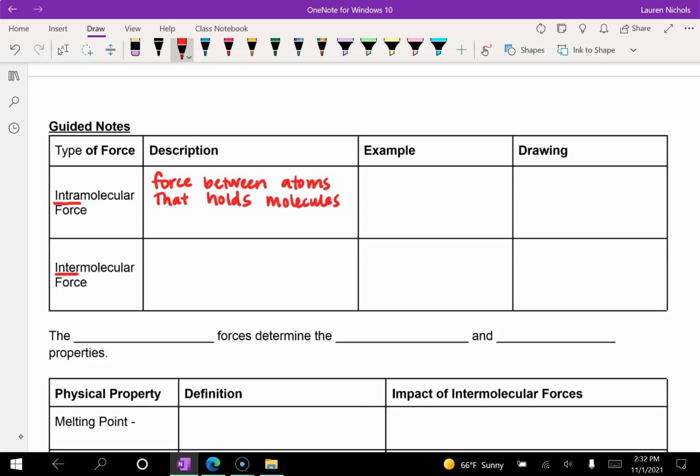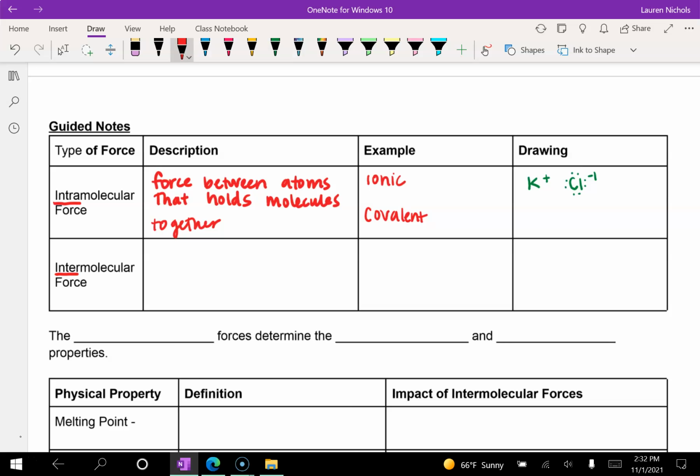So it holds the molecules, ionic bonds, or ionic forces, and covalent forces. We've seen this drawn in our previous lesson 1, where we had an ionic bond, maybe between potassium and chlorine, where the positive cation and the negative anion are attracted to one another, and that creates the ionic force, which is intramolecular.